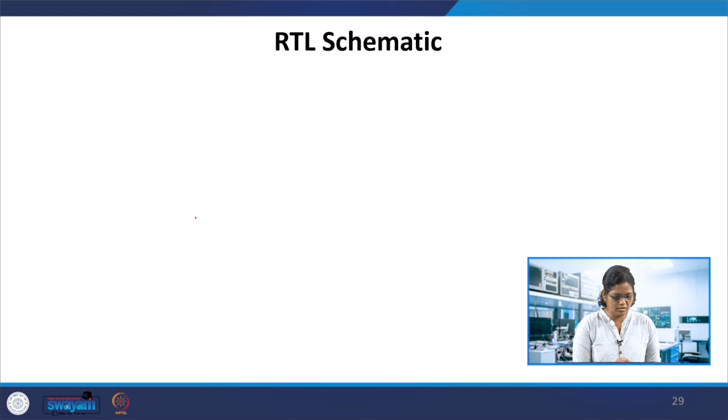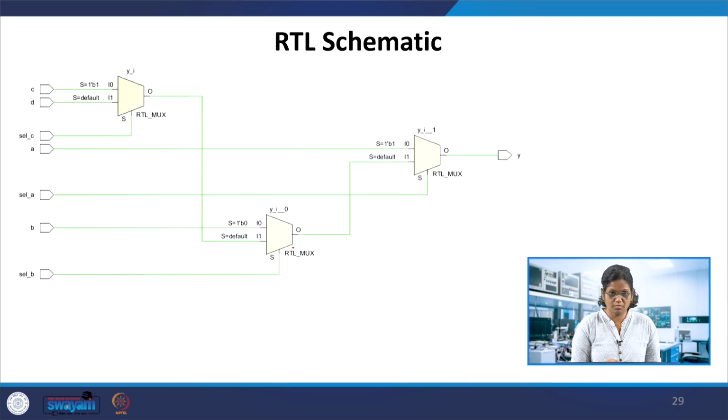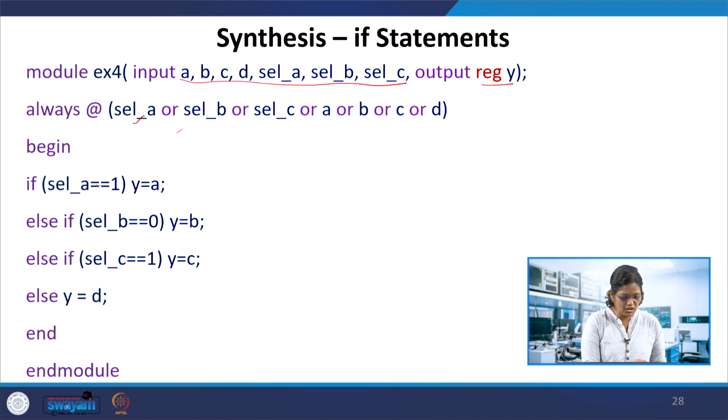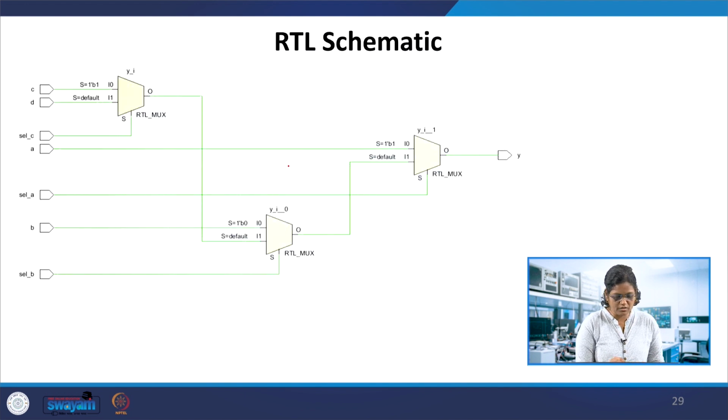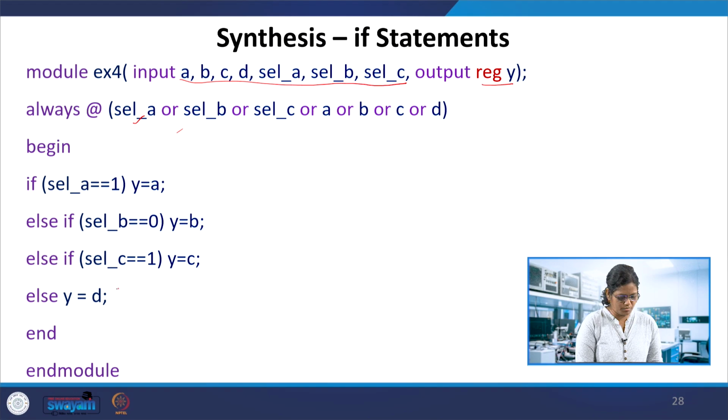We can see the RTL schematic in which the priority structure is synthesized, with a mux structure due to the if condition and then the else. For A, the else condition comes from the other branch, else C is checked, and C and D are given the lowest priority here.